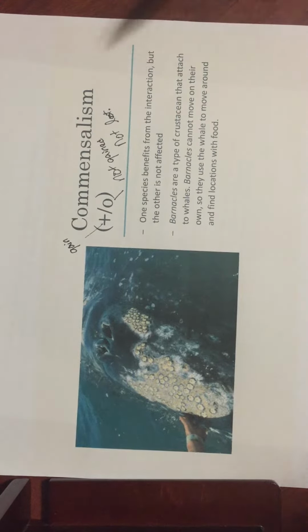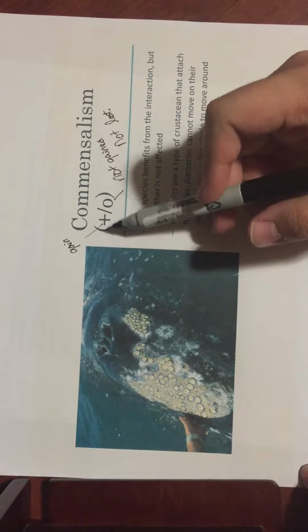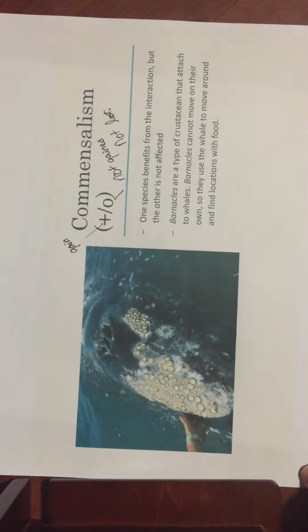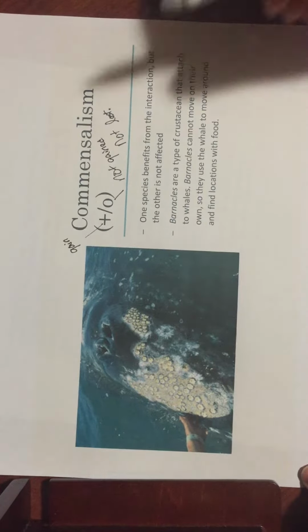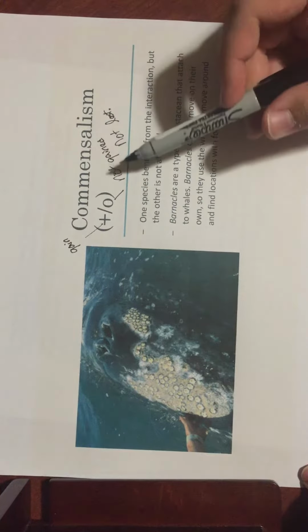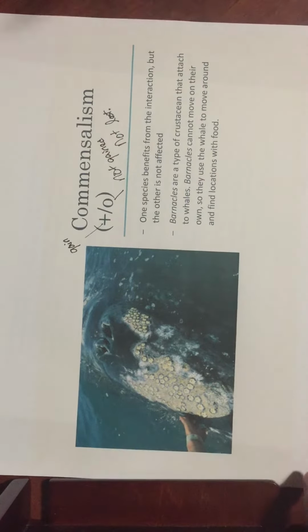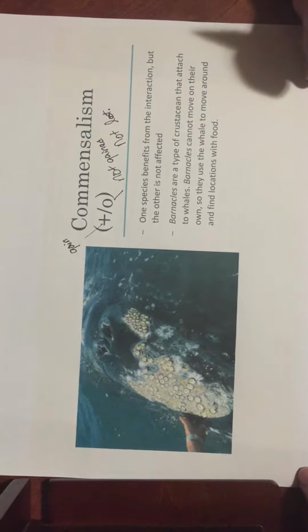The whale really doesn't care. He's not benefited from this interaction, and he is most certainly not harmed by the barnacles. So that is what we have in commensalism, okay? We have one gained, the barnacles, because they're moving around, they're eating, which they can't do by themselves. And we have the not gained or not lost, or the zero. That is the whale in this case, okay?